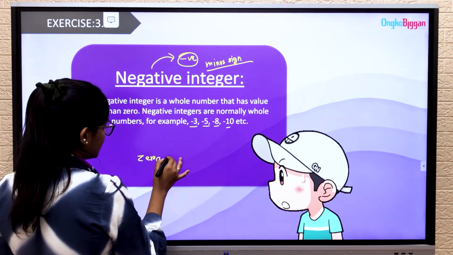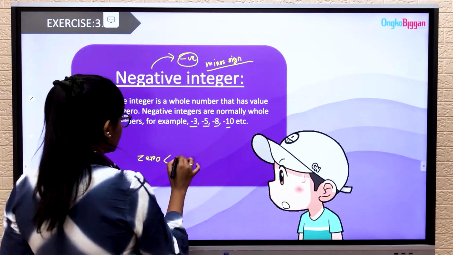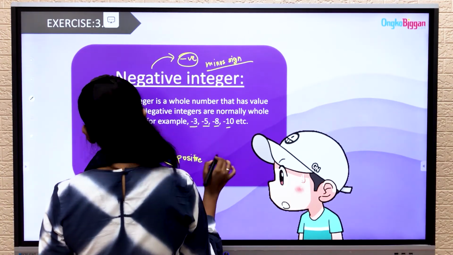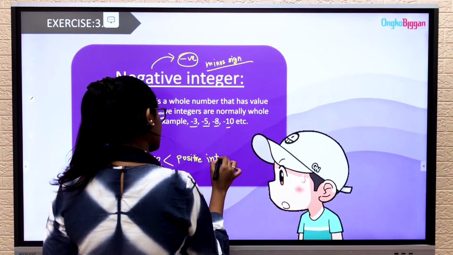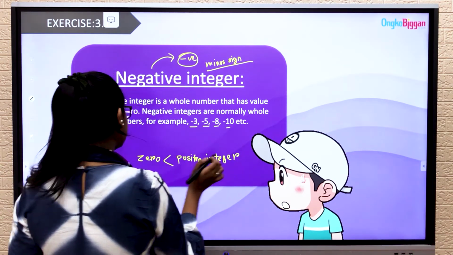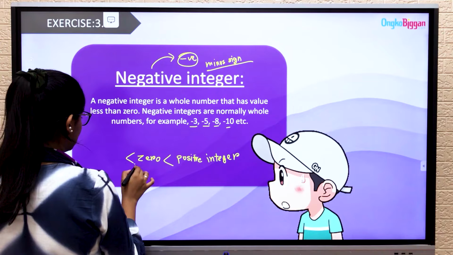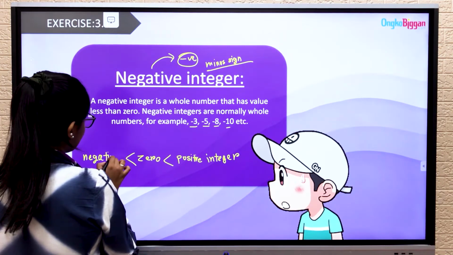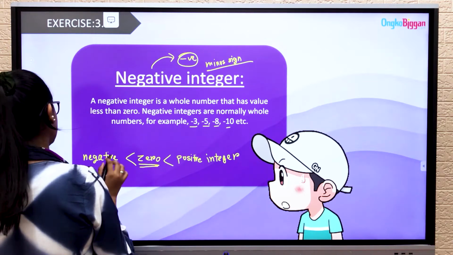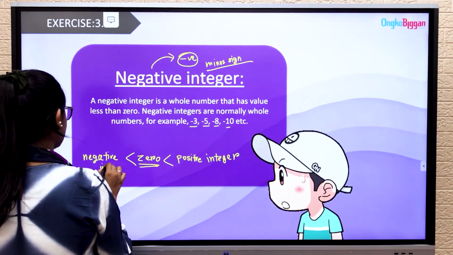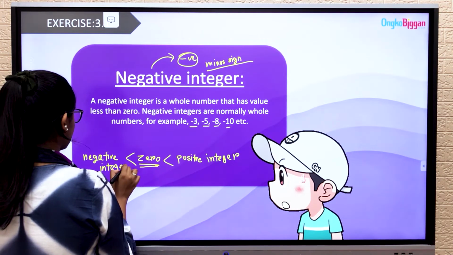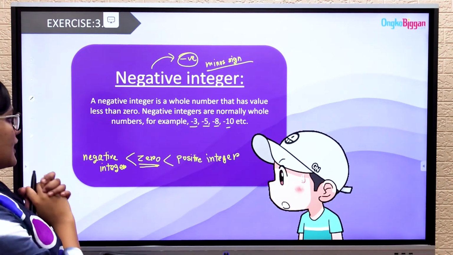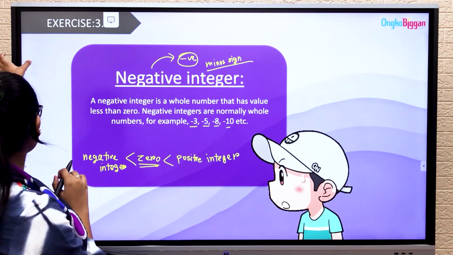Anything greater than 0 is positive, and anything less than 0 is negative. We can also say that 0 is the starting point.